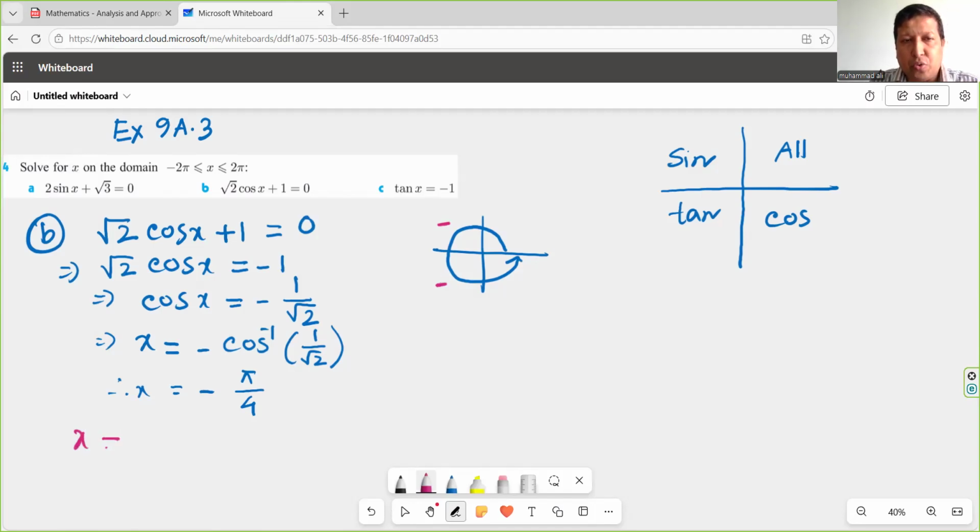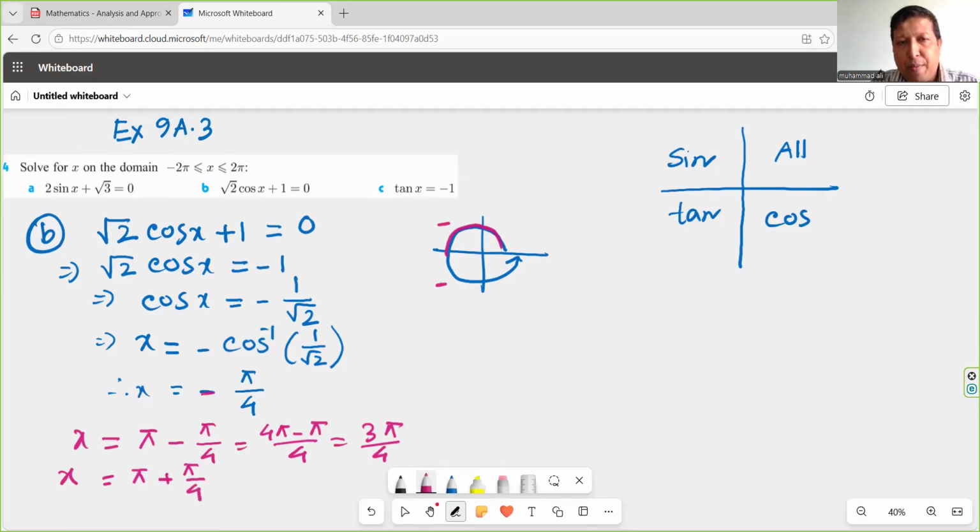So x equals, from here to here, this is pi. If we subtract pi by 4, we'll get here 4 pi minus pi by 4. It will be 3 pi by 4. Another result, in the third quadrant, pi plus pi by 4.